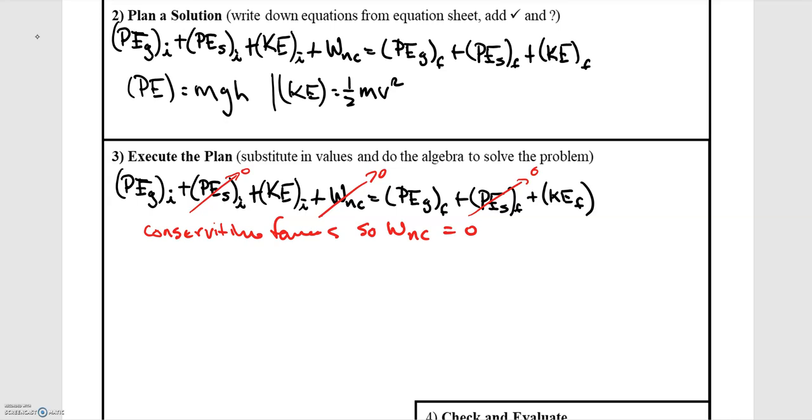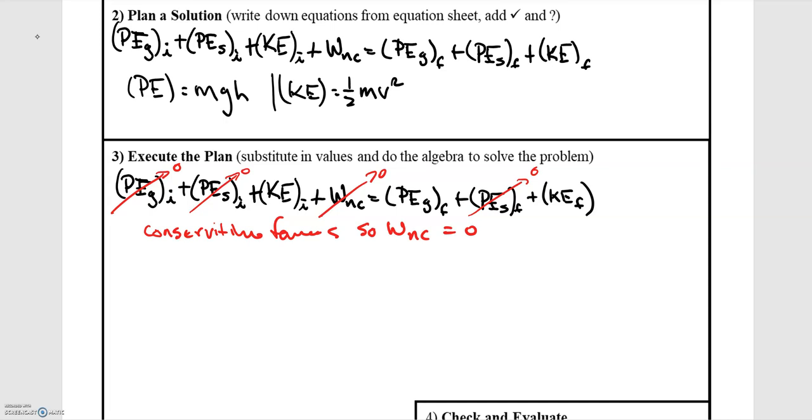So the initial potential energy is 0. We're starting off with some velocity, so we do have a value for the initial kinetic energy, and we keep that.